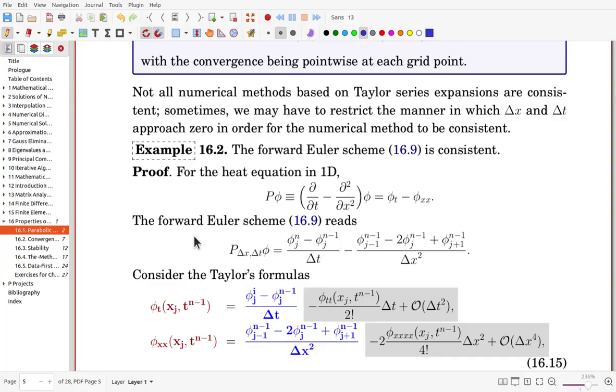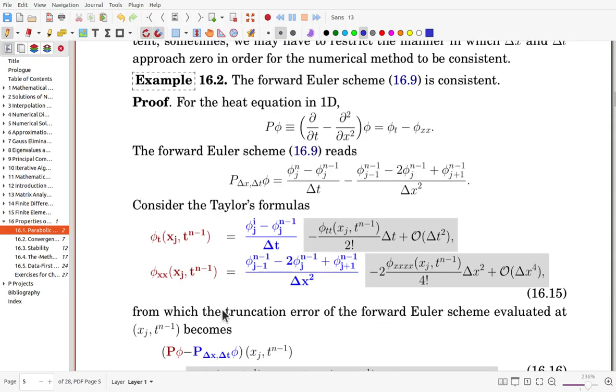Here, let's see the Forward Euler method. For the method, here P is this one. Now the Forward Euler scheme is made in this way. Here phi sub t has a forward approximation, and these are remainder.